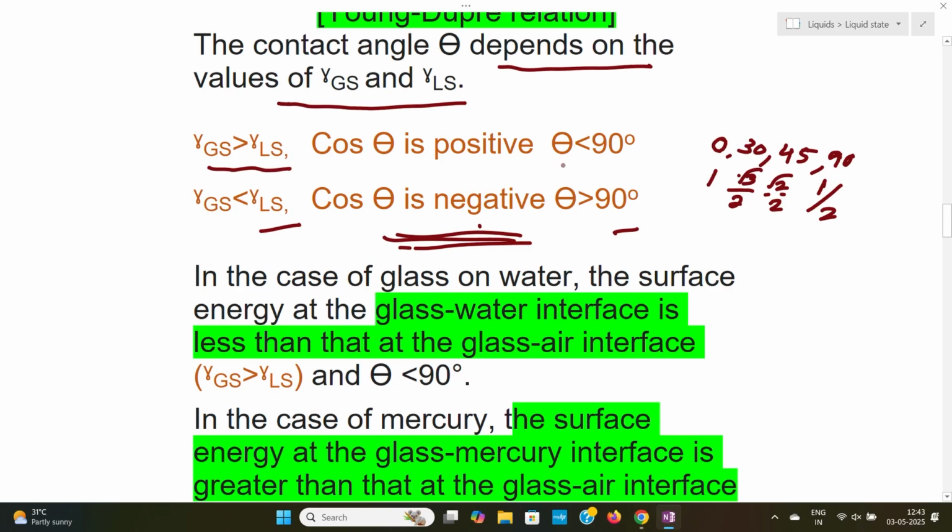When theta is less than 90 degrees, water spreads on the solid surface. That means the surface energy at the glass-water interface is less than that at the glass-air interface.